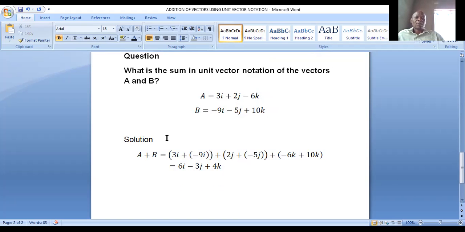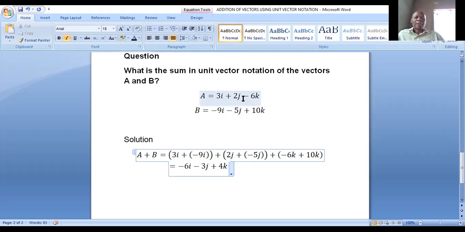So as I indicated earlier, using the unit vector notation methodology of addition, we can go ahead and add the corresponding axis. So 3i should be added to minus 9i, which gives us minus 6i.